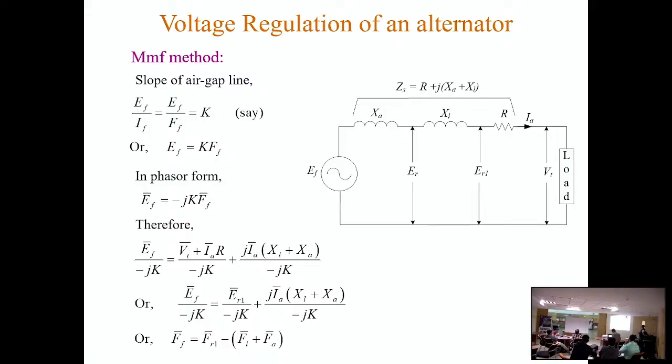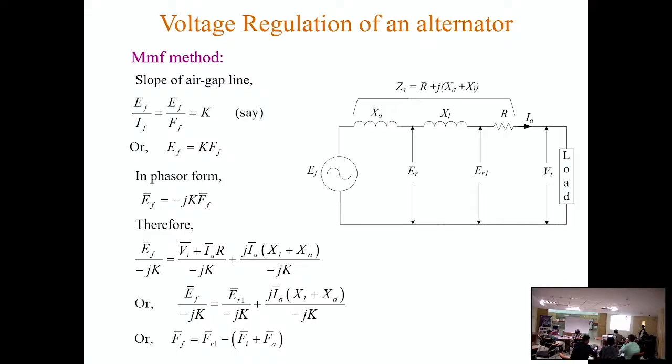FL is some MMF which can be considered as the induced EMF equivalent to leakage reactance drop only. See, IAXA, that is the armature reaction reactance drop, which we have considered as EAR, some kind of voltage drop. The same way we can consider this IAXL as some kind of voltage drop, leakage reactance drop.